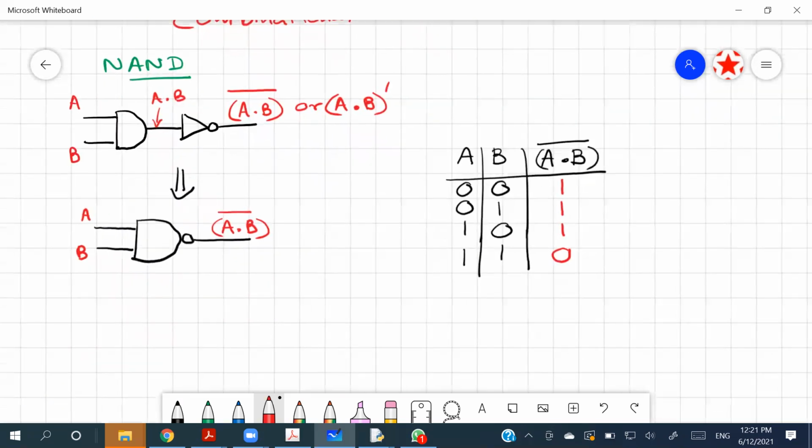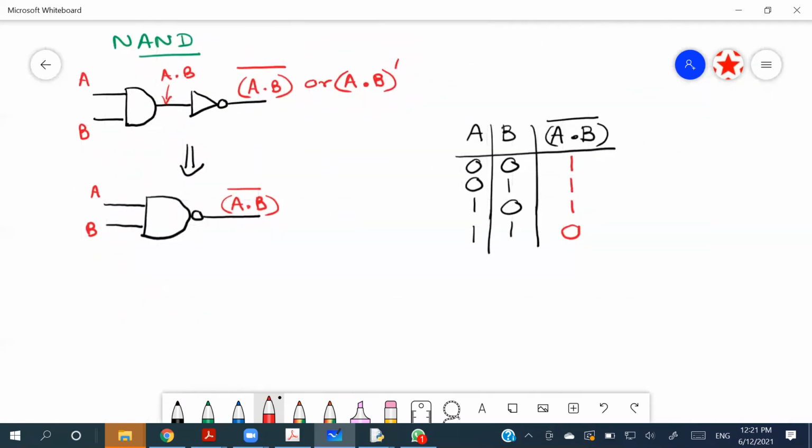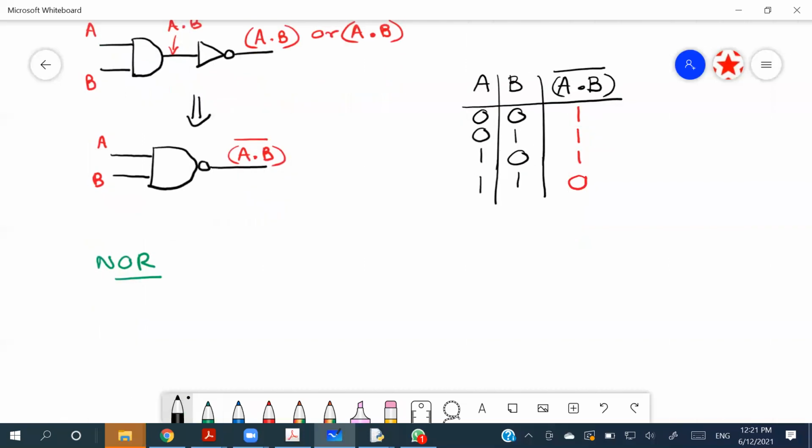So in the very same way, NOR is being made, right? So what happens here, you get an OR gate, you fix a NOT gate in front of it, so it's going to give you NOR. So A and B is input.